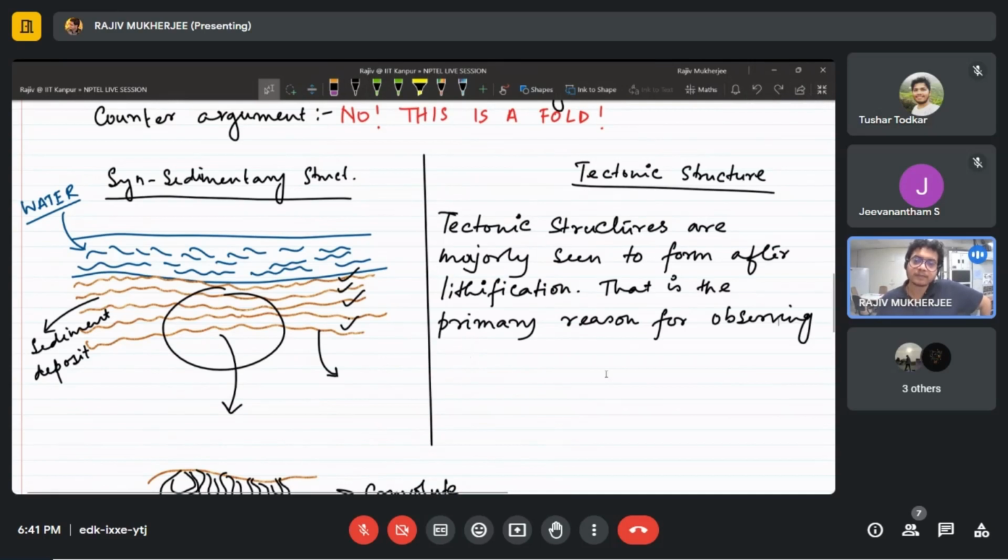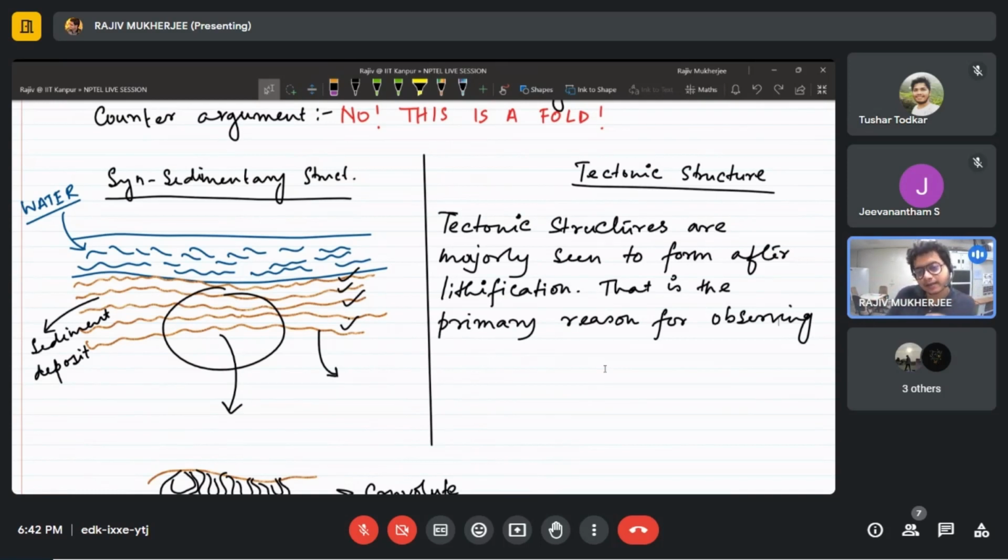There are some examples where the host rock, which is not metamorphosed yet, can show some signatures of deformation. Like in granite, even in granite we can observe small microscale shear bands or shear localization, shear deformation events, even though the entire granite hasn't undergone any kind of metamorphism.